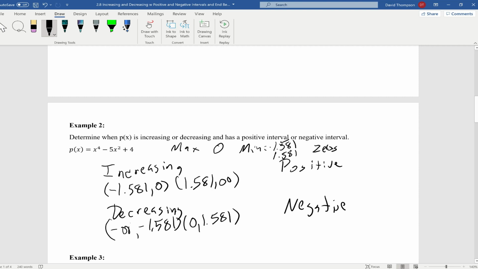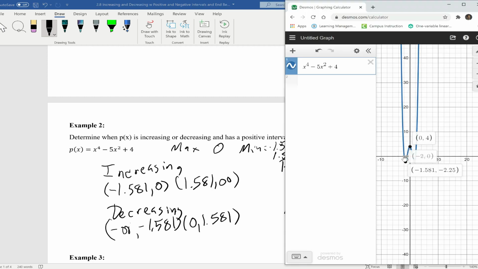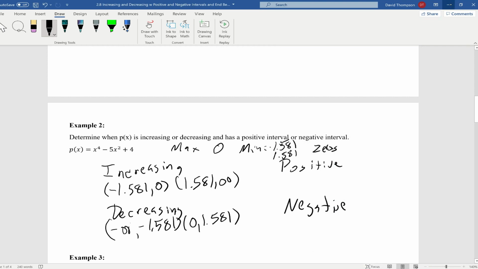Now we want our positive and negative intervals. So now we want our zeros. So we have a 0 at negative 2, negative 1, positive 1, and positive 2. So let's just write down our zeros. Negative 2, negative 1, positive 1, and positive 2.